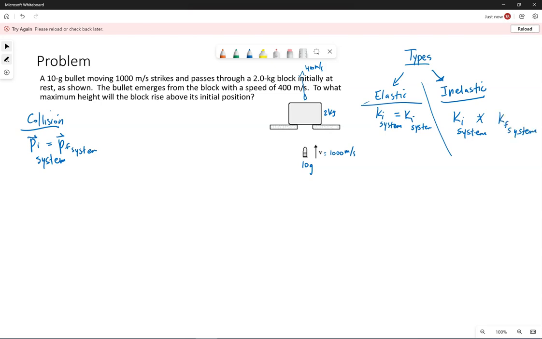Some of that kinetic energy is transformed into other types. And so here, if we know absolutely for sure we have an elastic collision, we could solve this entire problem using conservation of energy. But we have to be absolutely 100% sure that's the case. And it turns out it is not the case. This problem is not elastic.